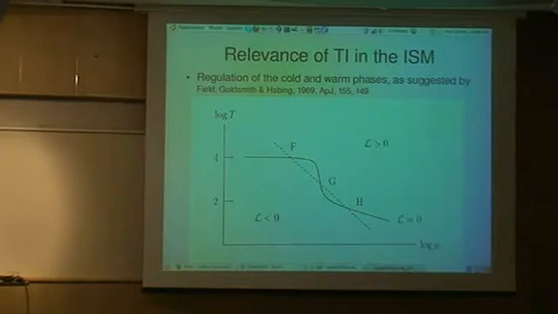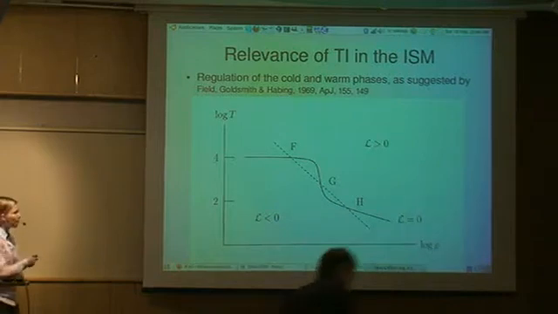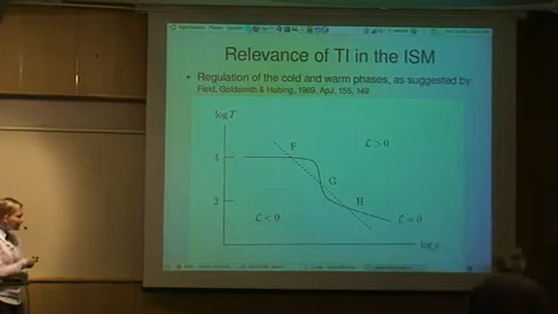First, some introduction to thermal instability overall. This is, of course, an old theory or model of the ISM proposed by Field, Goldsmith and Habing in 1969. They realized the importance of thermal instability in regulating the warm and cold phases of the ISM.